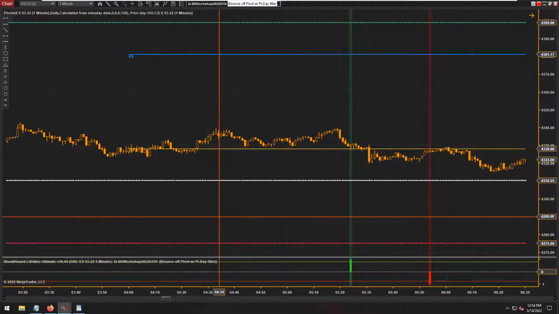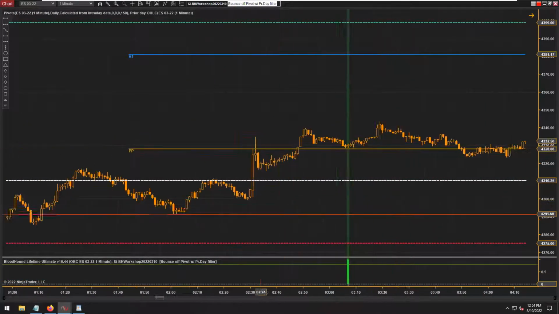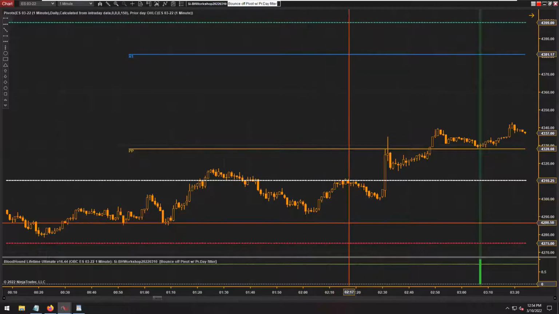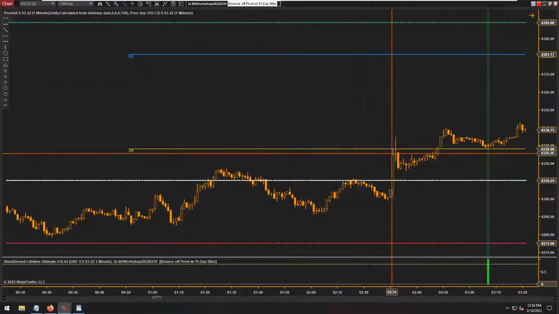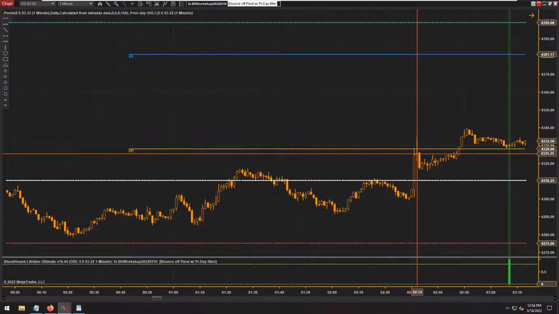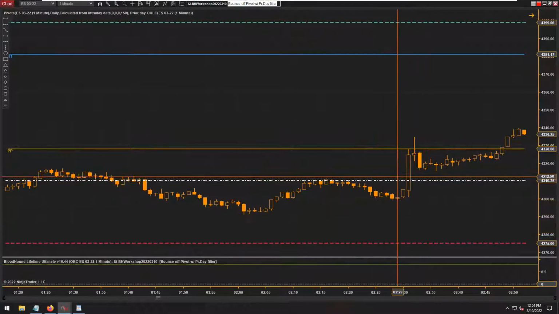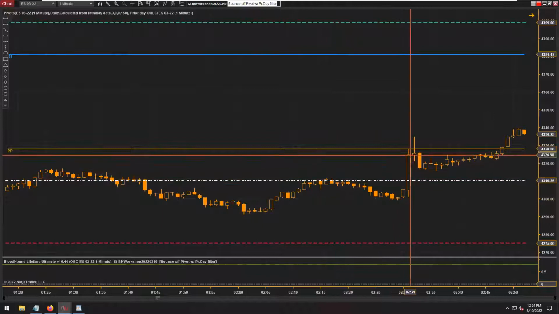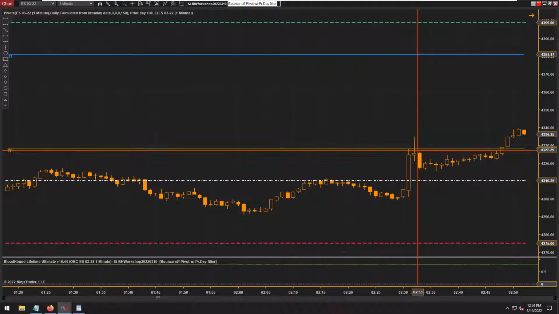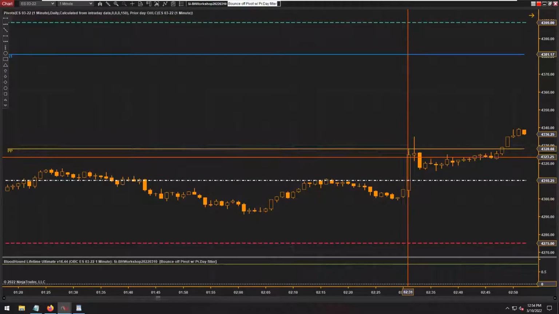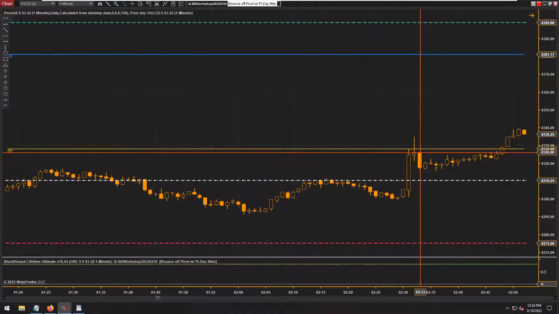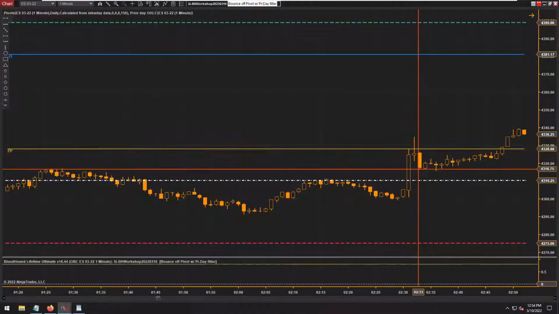All right. There we go. Let's see. So this one, if we look at this right here, we got this long move, a touch, and then we have a down bar.